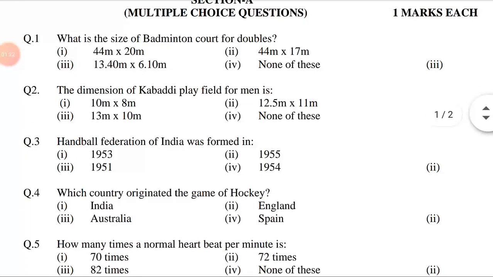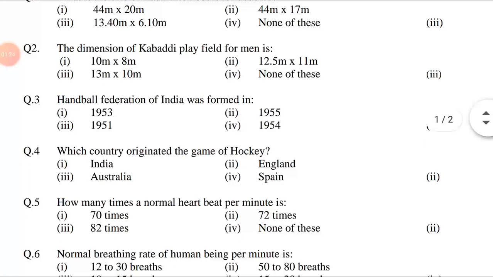Question number 2. The dimension of Kabaddi play field for men is option first 10 meter into 8 meter. Second 12.5 meter into 11 meter. Third 13 meter into 10 meter. Fourth none of these. Answer is option third 13 meter into 10 meter.